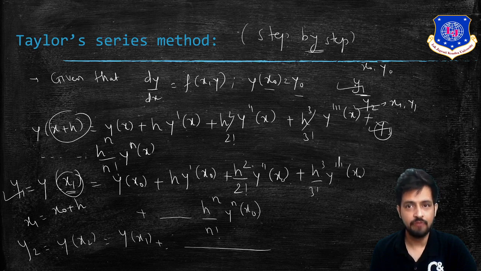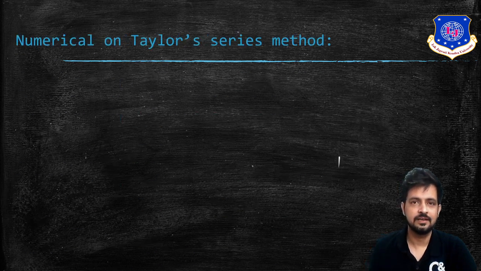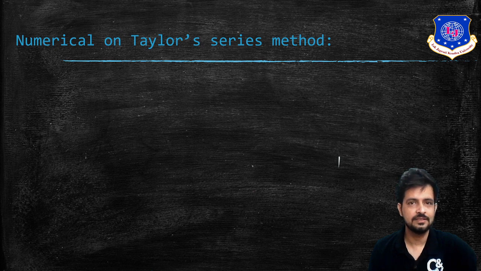So to find y3, we have to go in a sequence and follow the steps. All the methods in this chapter that we are going to study are step-by-step methods: Taylor series method, Euler's method, and Runge-Kutta methods. Okay, let us take a numerical on the basis of the Taylor series method. Let me write the numerical.